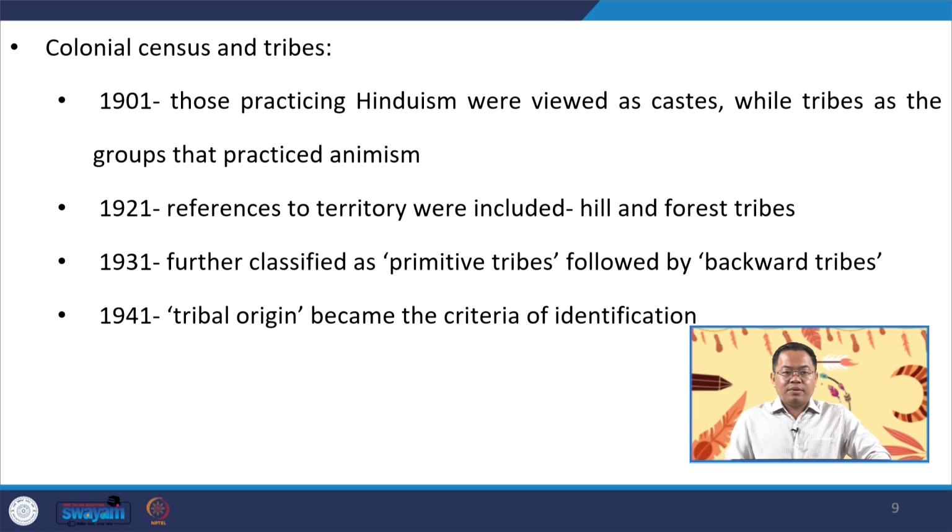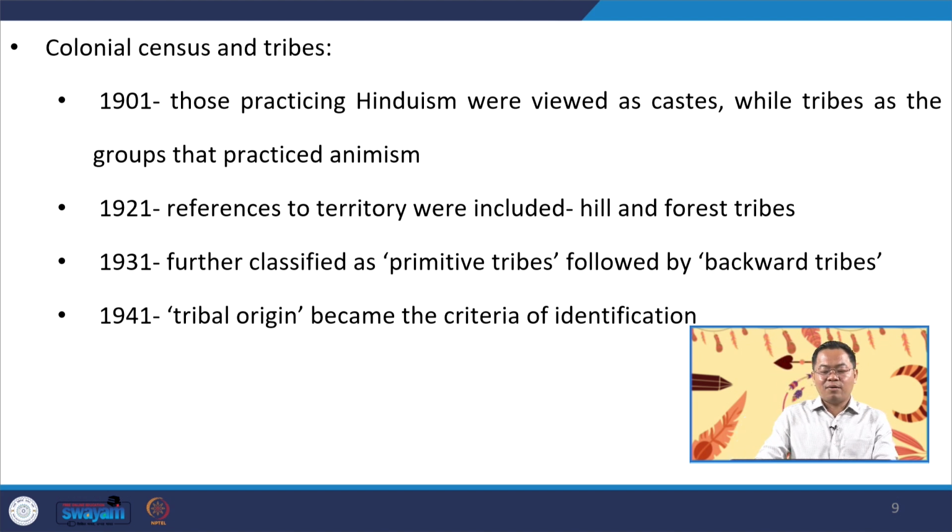Now, today the use of the term tribe is very popular, but over a period of time the term tribe has been defined and used in different ways, and even as it is an official category of identification today, it was only with the colonial census that the term tribe was officially used to denote or specify certain groups and communities.